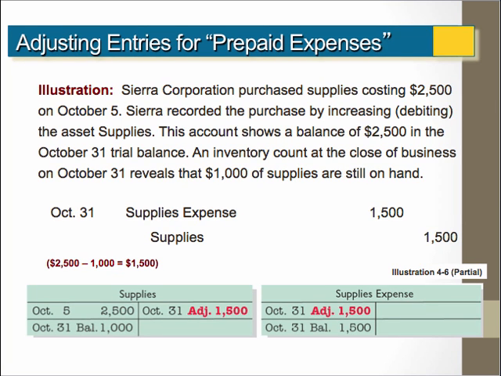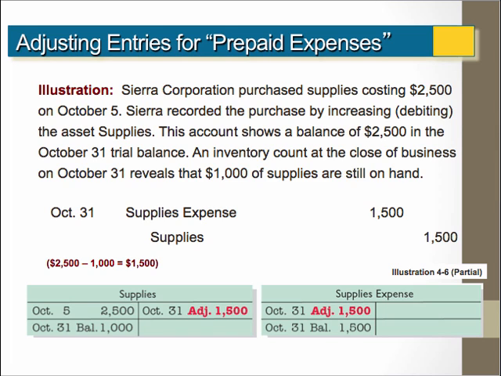At the close of business on October 31st, the company counts the inventory and finds out that there's $1,000 of inventory remaining. Since the trial balance amount of $2,500 is on the T account, we need to make an adjusting journal entry to reduce that account to $1,000.